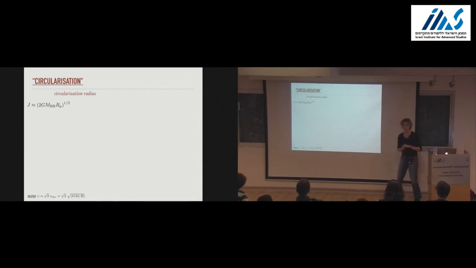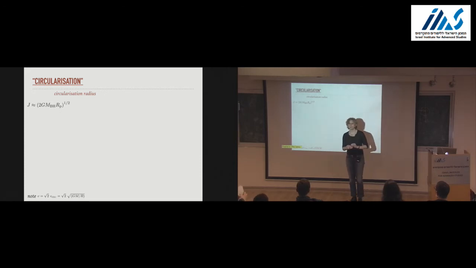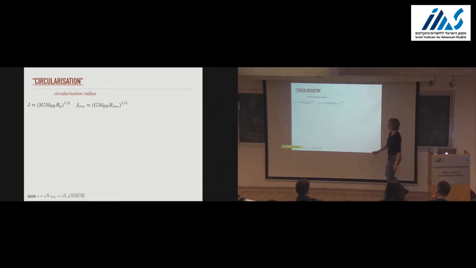But then we want these streams to circularize, and since they have the same angular momentum, they will go through the same pericenter. That's why the compression. So we want them all to circularize at this radius, which corresponds to this angular momentum.